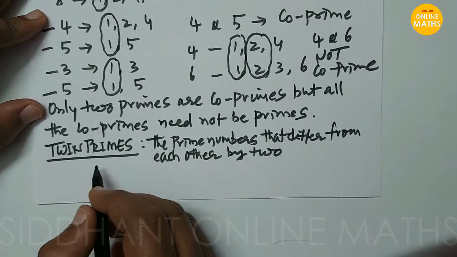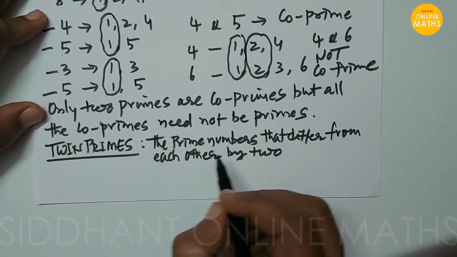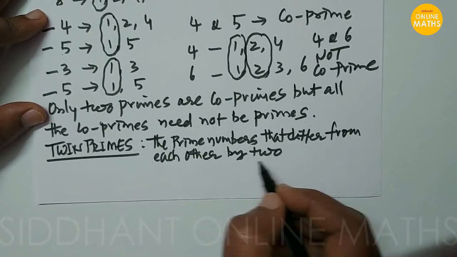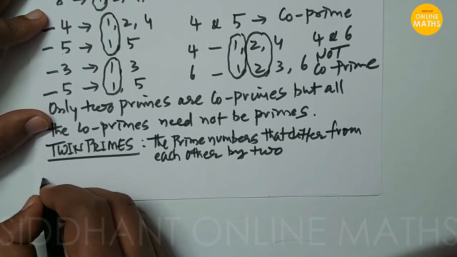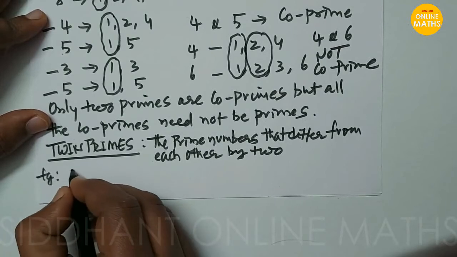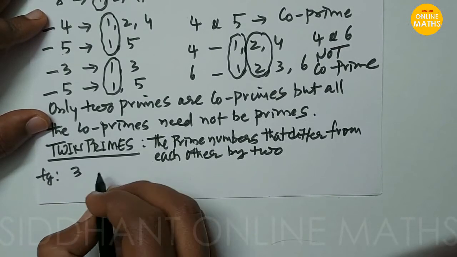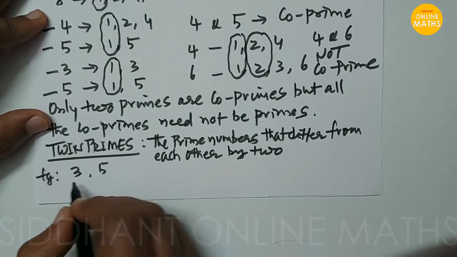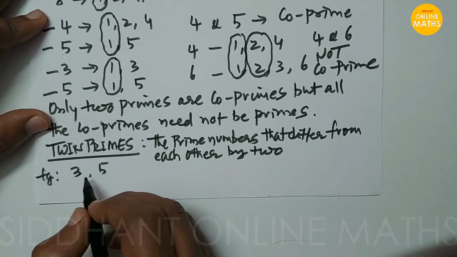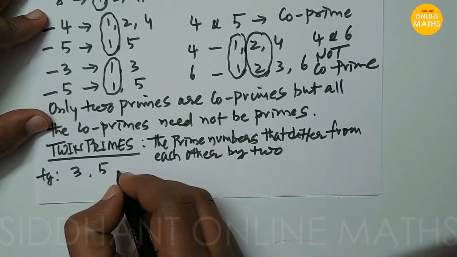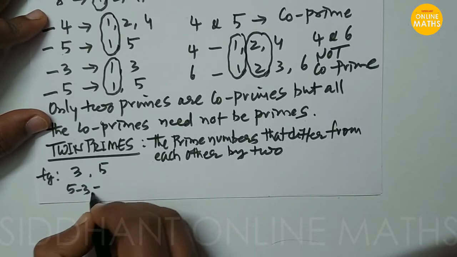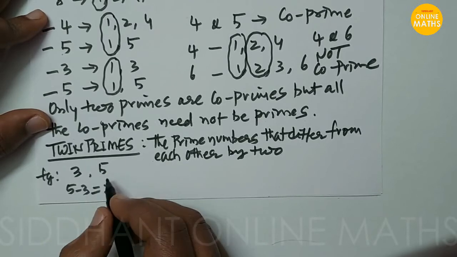Next terminology, twin primes. Twin primes are prime numbers that differ from each other by 2. For example, 3 is a prime number and 5 is a prime number, and the difference between them is 5 minus 3, which is 2.